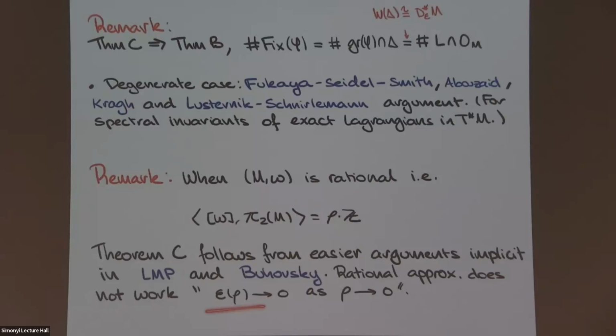But the epsilon that you get in those cases tends to zero as the rationality constant goes to zero, so rational approximation doesn't work there.